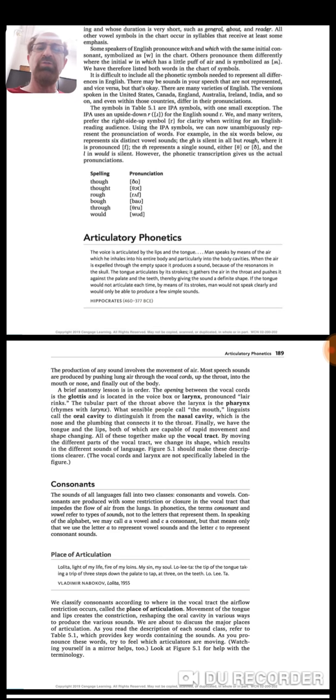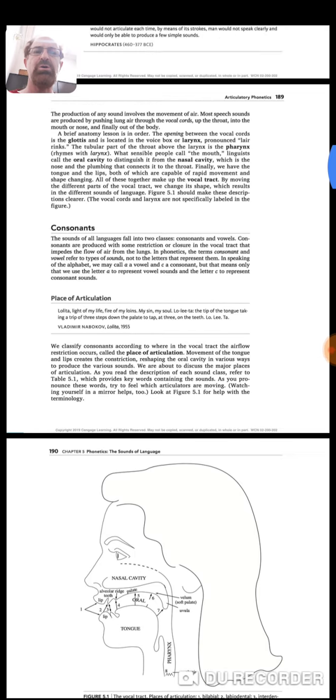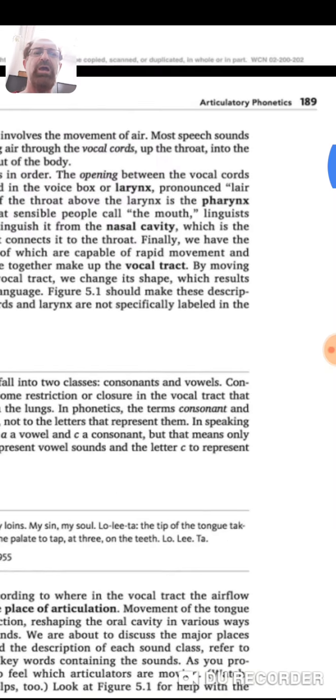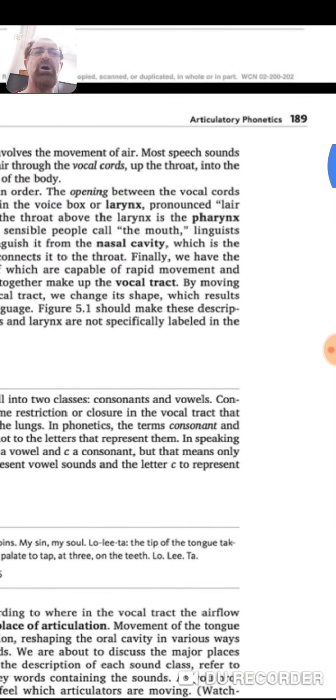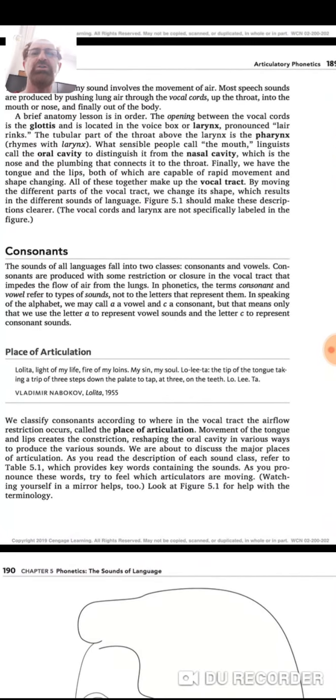Later on, if you have not worked on these pages, I will let you know. Okay, so let's go to page 189 and begin with the consonants of English. Later we are working with the vowels as well. Let us see what we can do with the consonants.